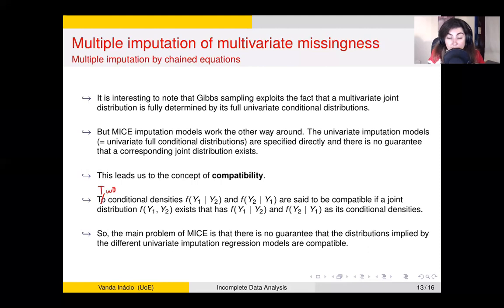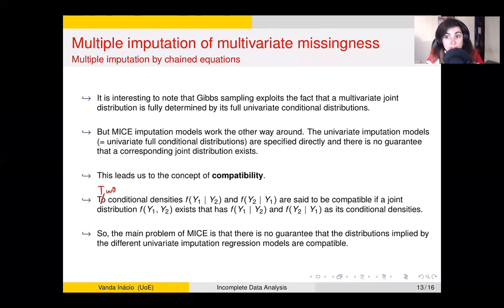So basically, two conditional distributions are said to be compatible if there exists a joint distribution of those variables such that the full conditionals are those exact conditional densities.